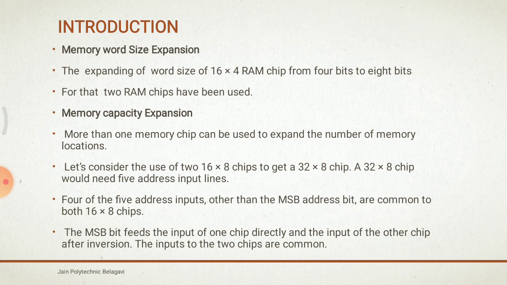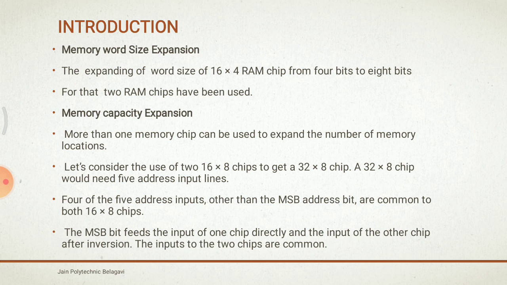To get a 32 cross 8 chip, it would need 5 address input lines. Four of the 5 address input lines other than the MSB address bit are common. The MSB bit feeds the input of one chip directly and the input of the other chip after inversion. The inputs to the two chips are otherwise common.